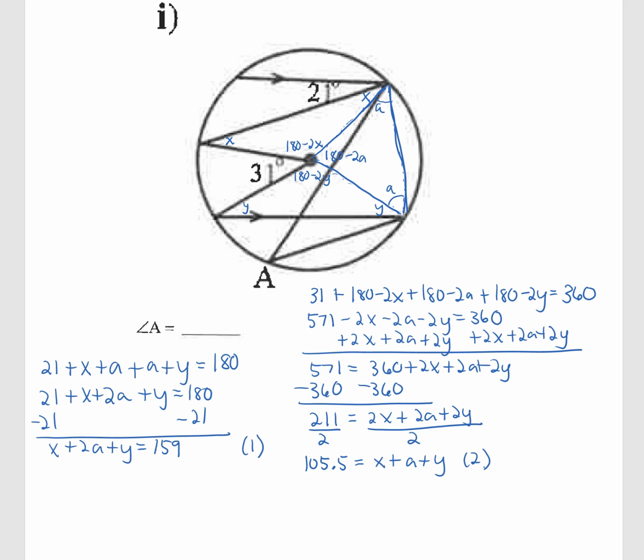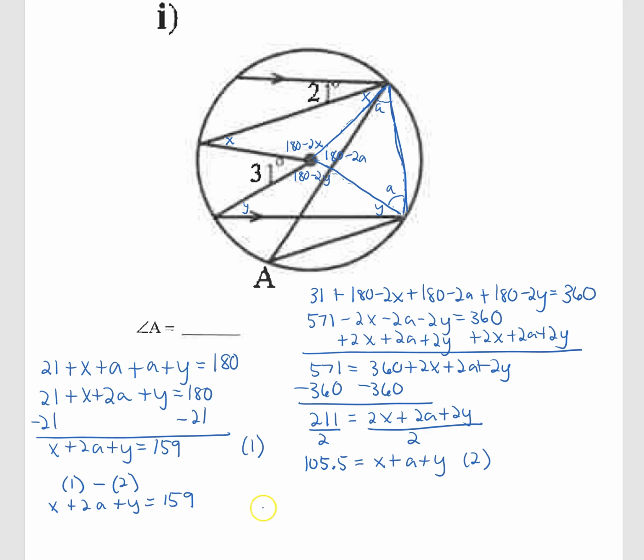So now what we want to do is combine these two equations. And what I'm going to do in this case is take equation 1 and subtract equation 2. So equation 1 is x plus 2a plus y equals 159.